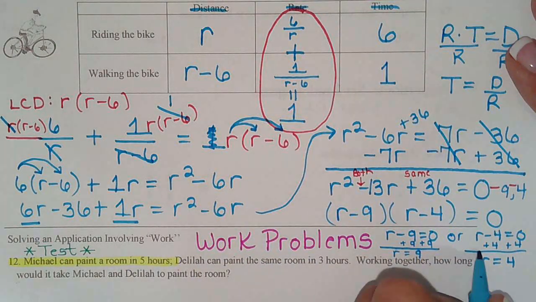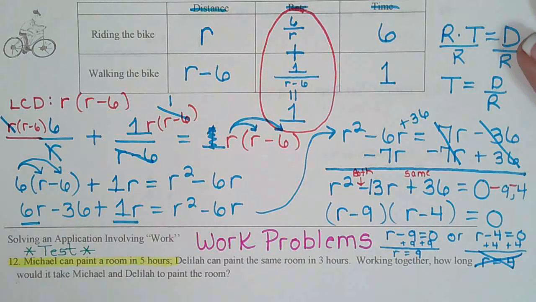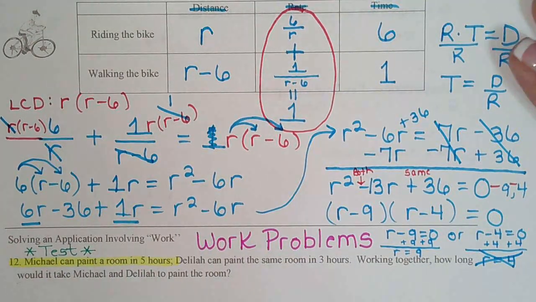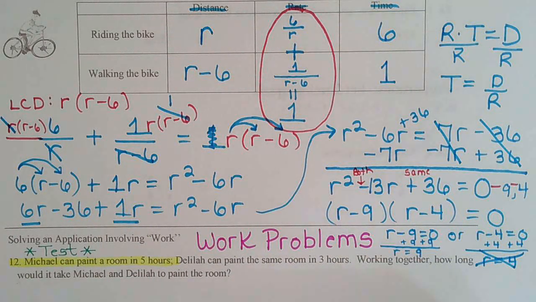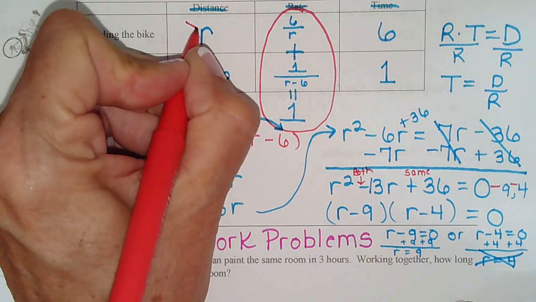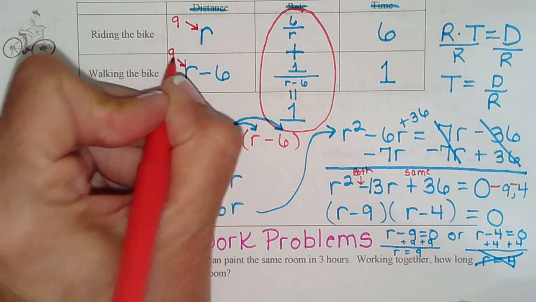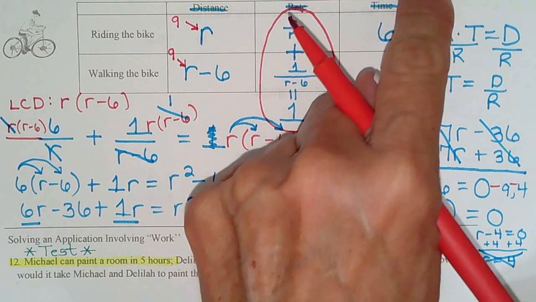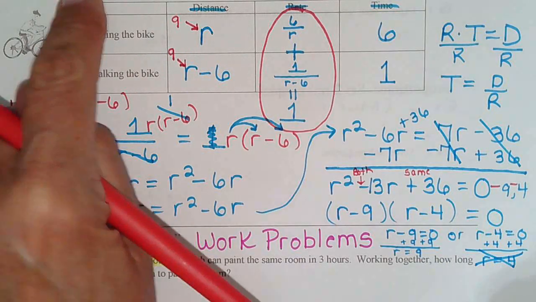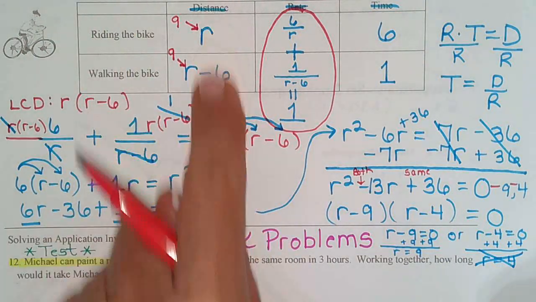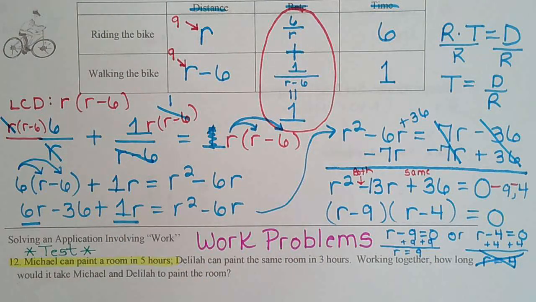No. So that one's the one that doesn't make sense. 4 minus 6 would give me a negative walking rate. So then I take my 9 and I put it here and here. And it's asking me for the speed riding and speed walking. So I need to answer these two questions.